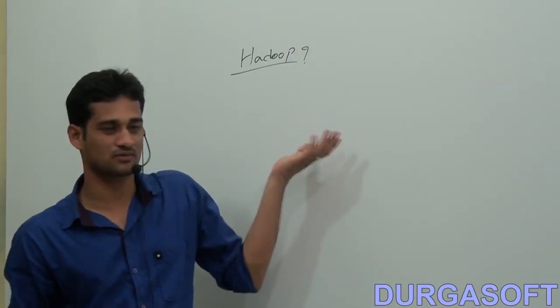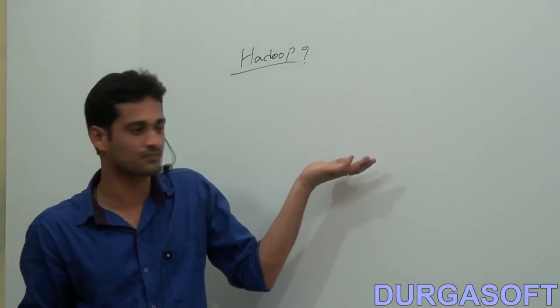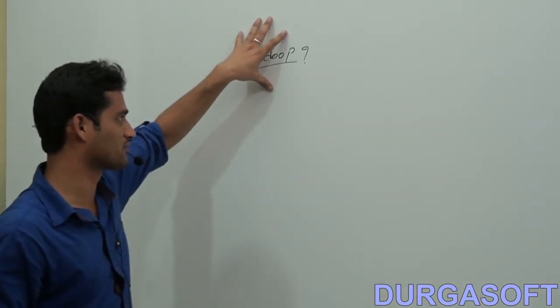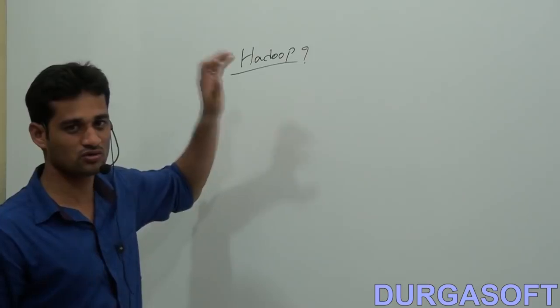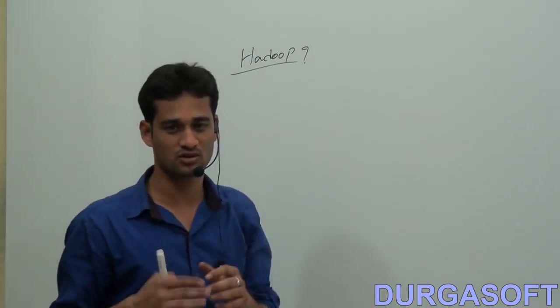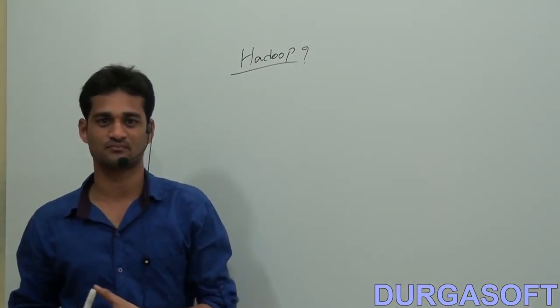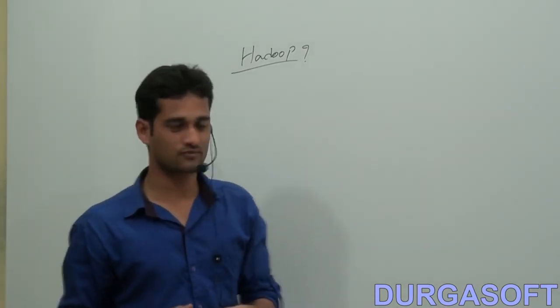So in that sense, this Hadoop has been given. This Hadoop knows very well how to store huge data and how to process huge data in less time. So how it is going to do that, we will see now.